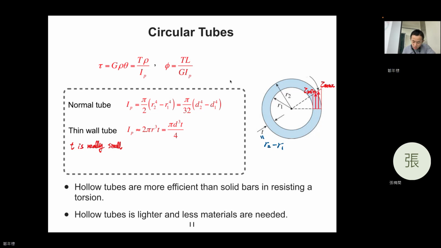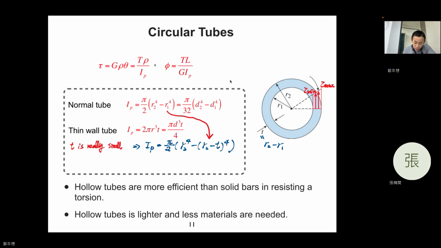So Ip is approximately equal to 2 pi r cubed t. Why? Because you have pi divided by 2 times R2 to the 4 minus (R2 minus t) to the 4, since R1 is actually R2 minus t.